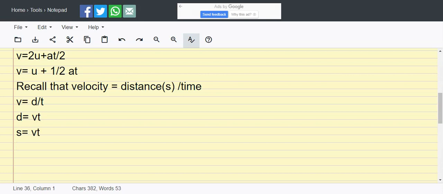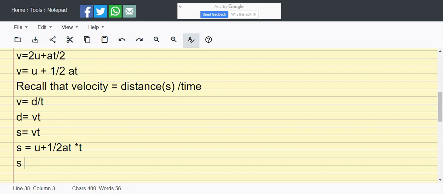So now let's substitute the answer that we got for the average velocity into this equation. So s equals u plus one over 2 at, times t.